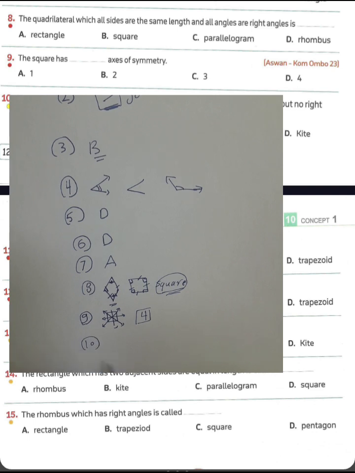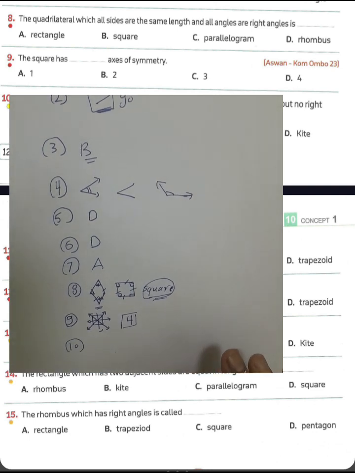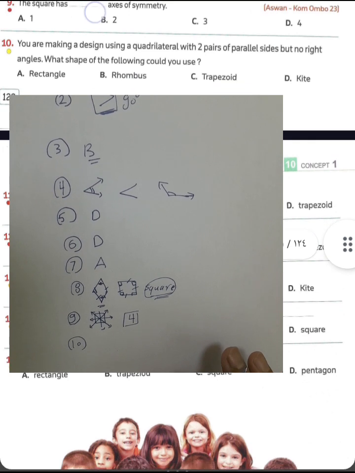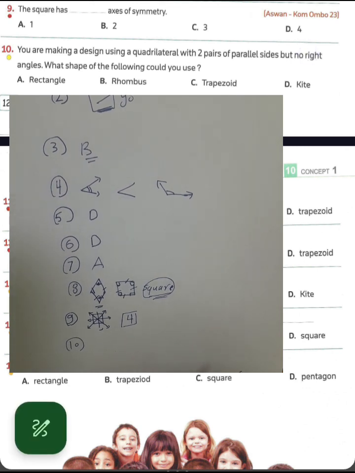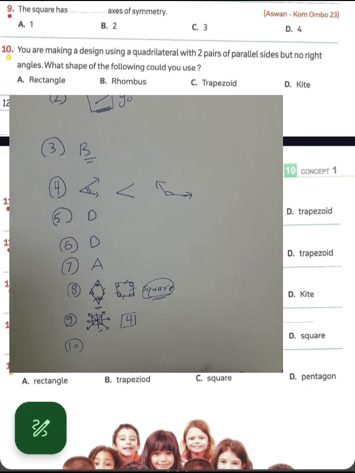Question number 10: you are making a design using a quadrilateral with 2 pairs of parallel sides but not right angles. Which of the following shapes could you use? We have 2 pairs of parallel sides, which would be a parallelogram, and not right angles, so we call it a rhombus. Not a kite.